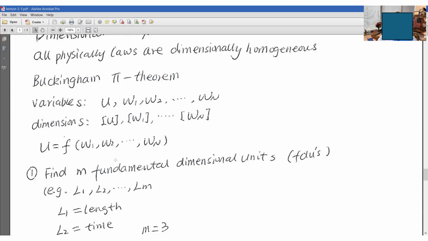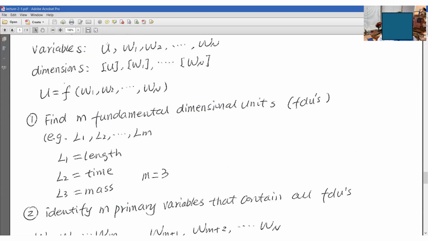First, from all these variables, we have m fundamental dimensional units. They must be fundamental dimensional units. What does that mean? For example, L1, L2, and Lm.